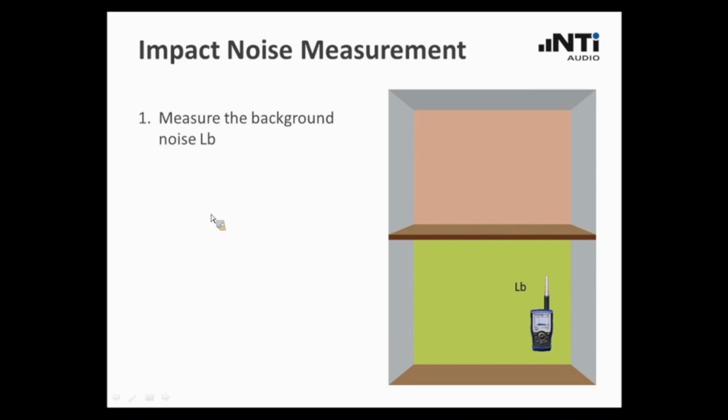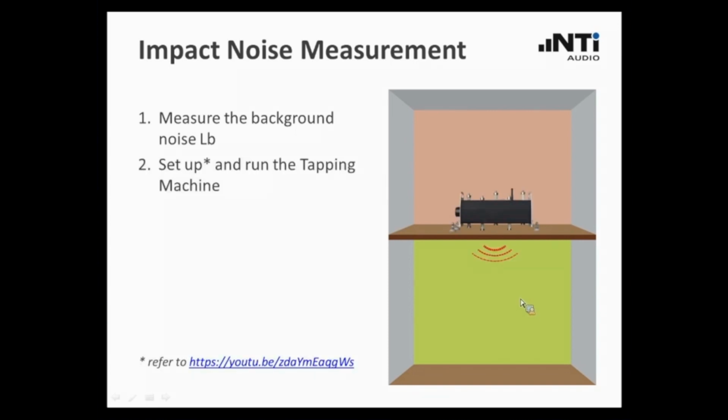Now let's swap over to the impact noise measurement. Here we start the same way. We first measure the background noise in the receiving room, and then we set up the tapping machine. Now, this is a very important issue. When you set up the tapping machine, you have to do that carefully. This is a precision device that needs precise and accurate installation. And we have recorded an instruction video on this procedure.